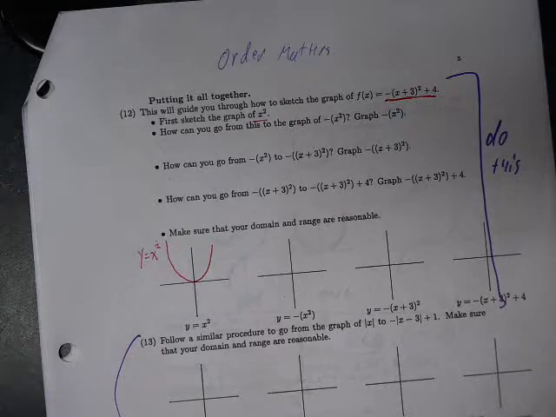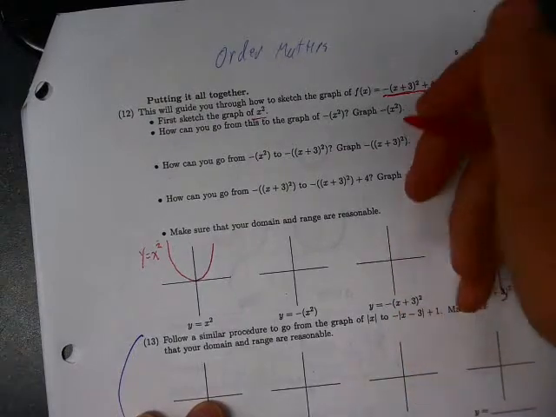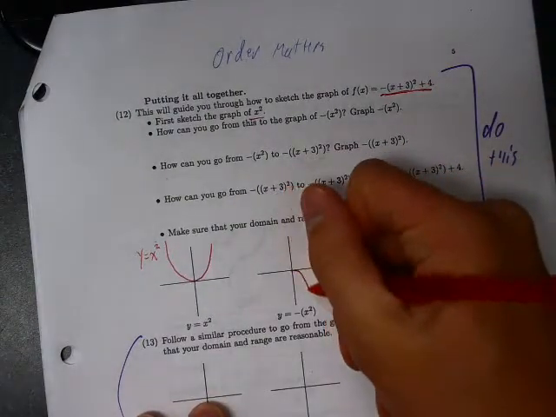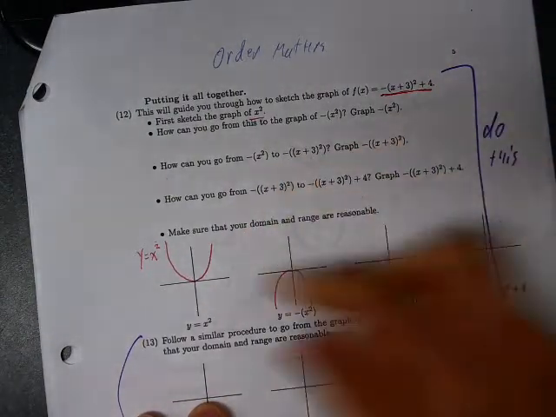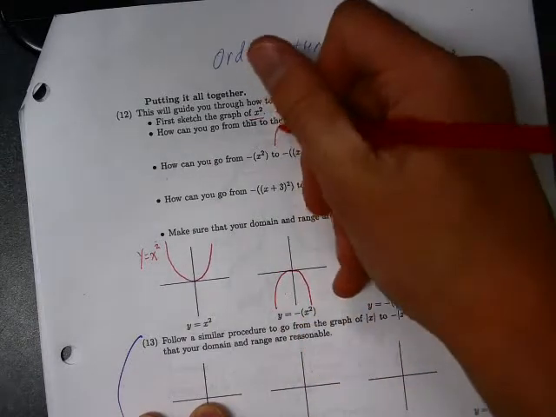How do you get the graph of negative x squared? Flip it over the x-axis. So to get the graph of negative x squared, you flip this graph over the x-axis, giving you that.